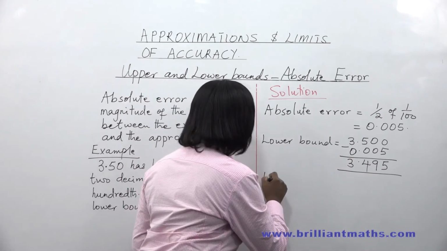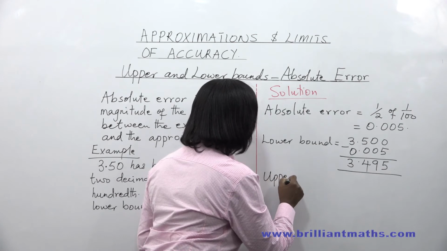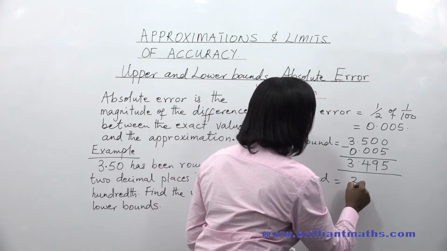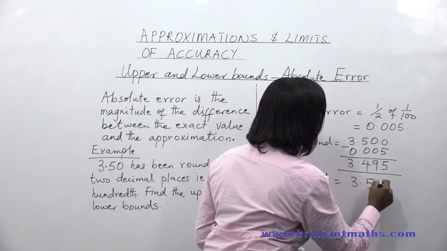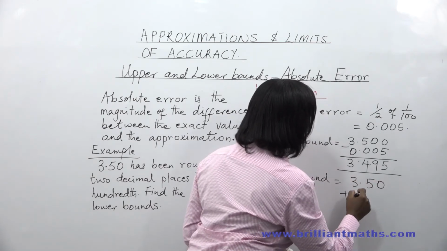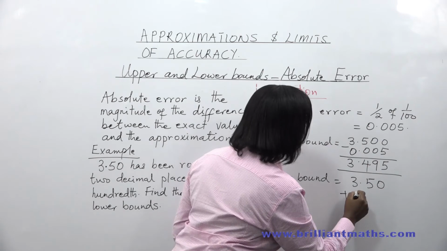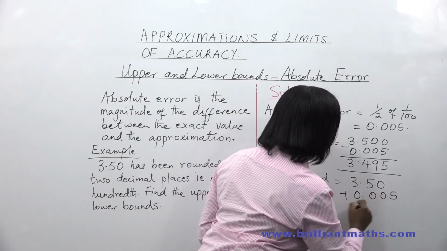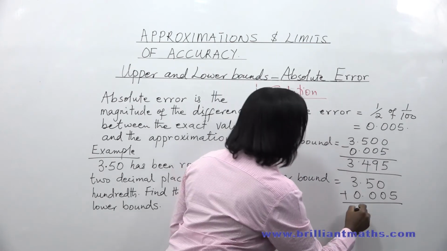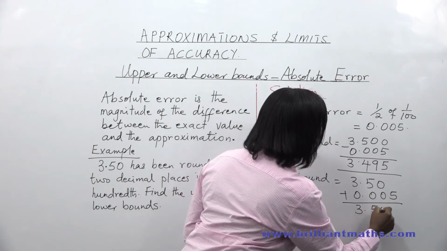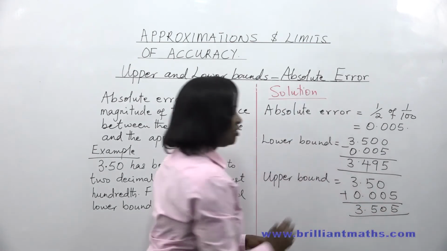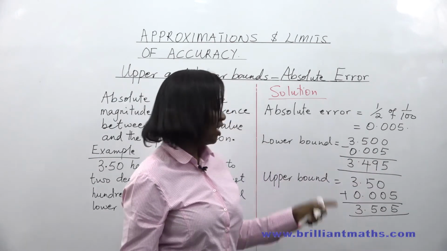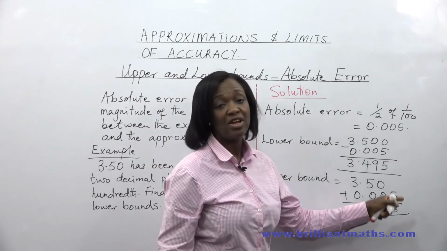And then our upper bound will be equal to 3.50 plus the absolute error, 0.005, and that's 3.505. So our lower bound is 3.495, and our upper bound is 3.505.